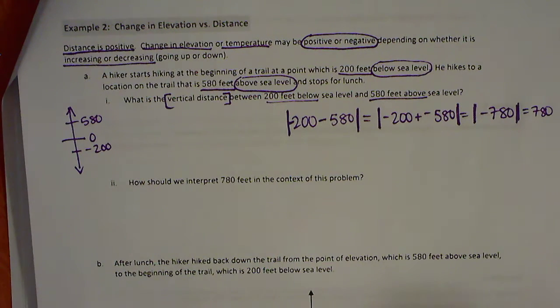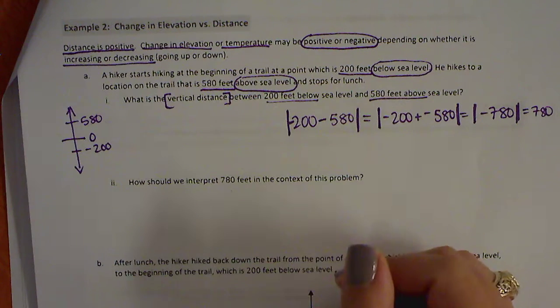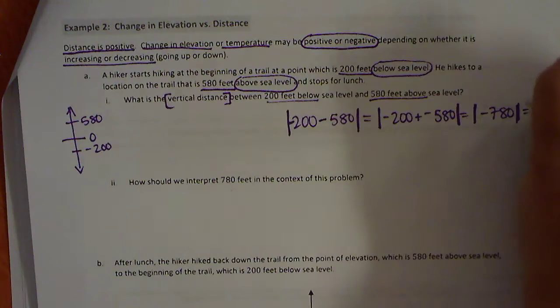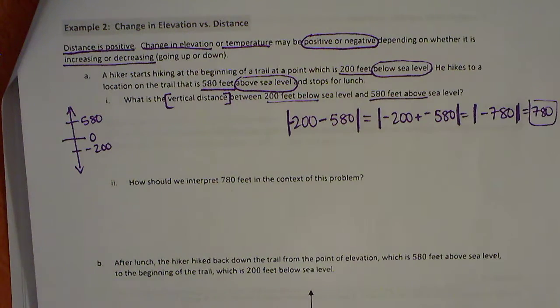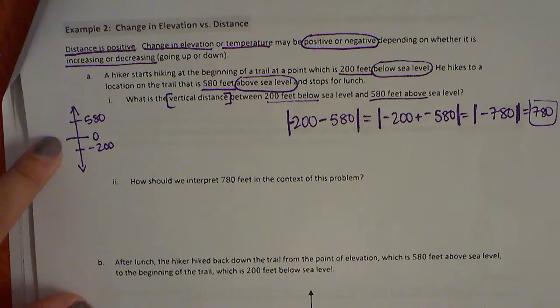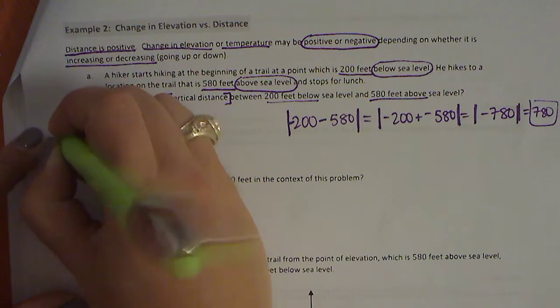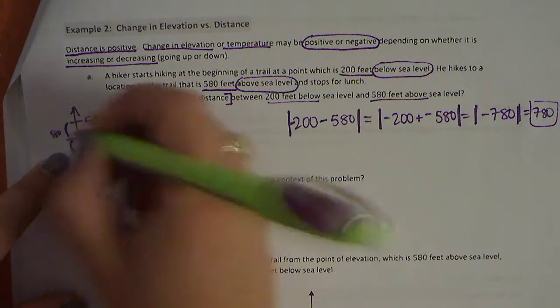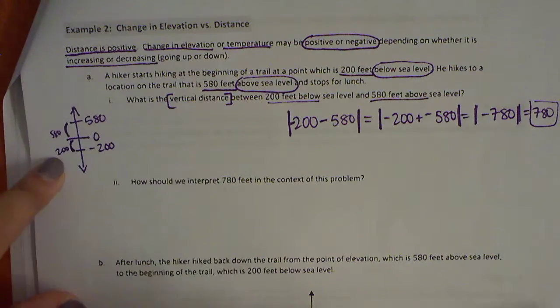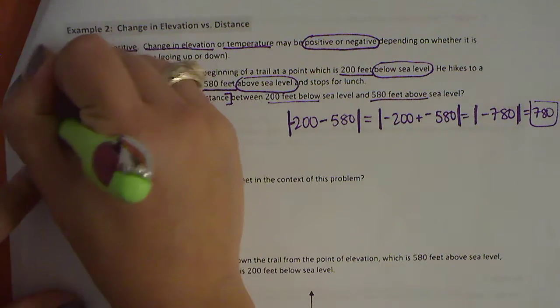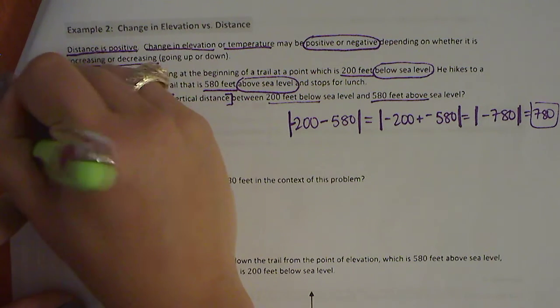So I know it's going to be 780 feet. I also could have used my picture to say, okay, well this is going to be 580 and this is going to be 200. So together, the whole distance is going to be 780.